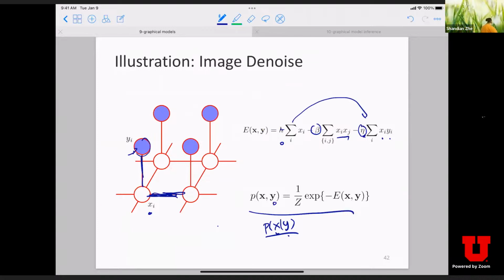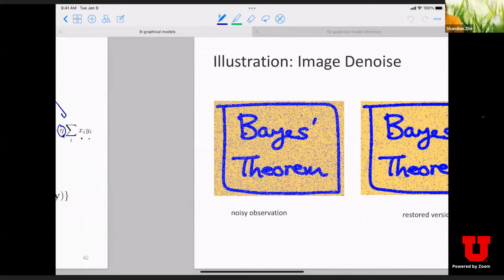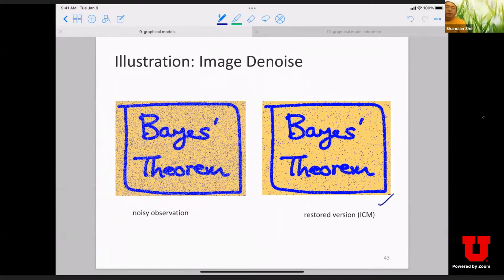But after some iterative estimation or inference algorithm, this is our restored image, namely the estimation of xi's values. Although it's not perfect denoising, we can already see that many noises have been removed.